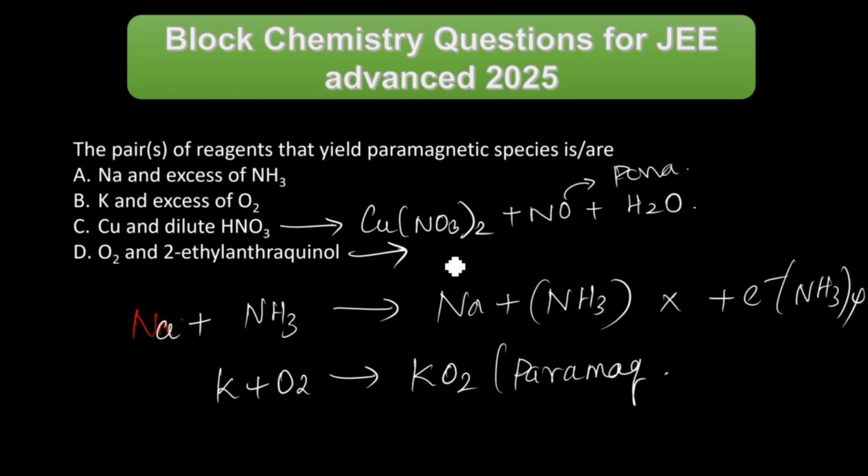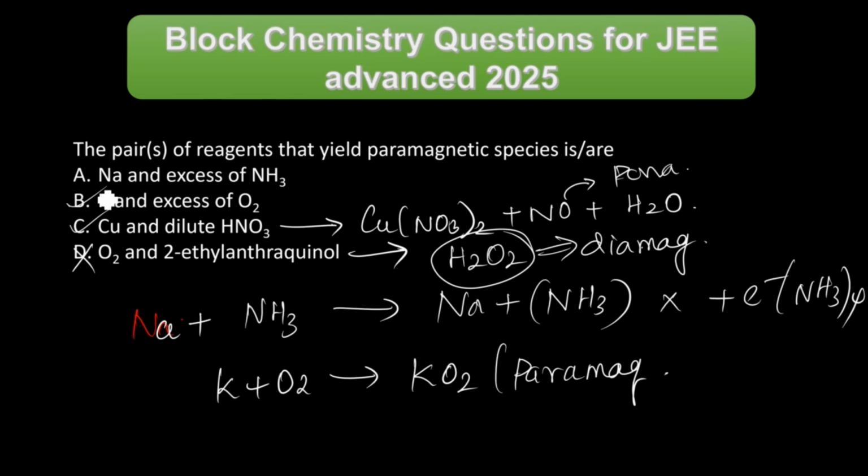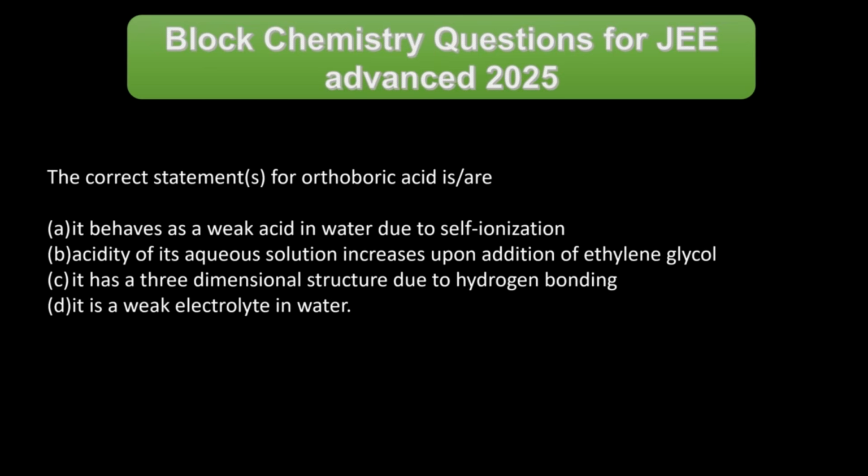This will give anthraquinone, and as a byproduct this will produce hydrogen peroxide. Hydrogen peroxide is diamagnetic in nature. So this is not our answer clearly, and C can be our answer, B can be our answer, and of course sodium can also be our answer. So A, B, C are our answers.